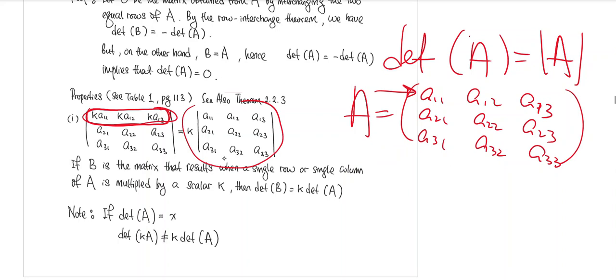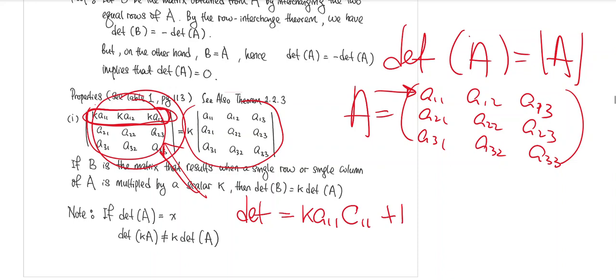So what happened is that if you took the cofactor expansion along the first row, the determinant for this whole matrix will be equal to K A11 C11, and then K A12 C12, and then K A13 C13.